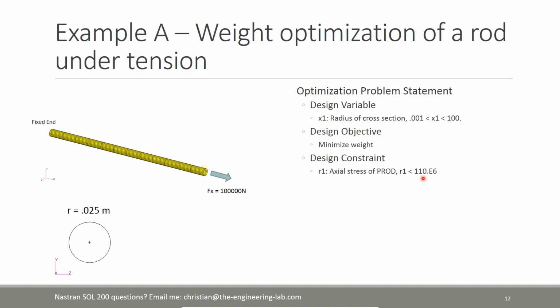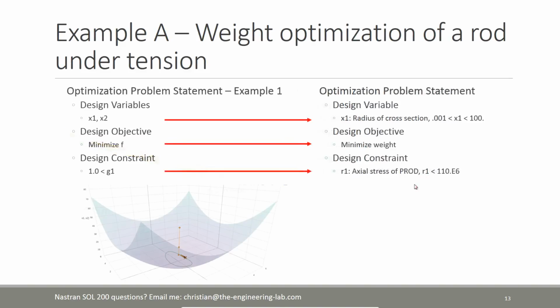So now let's go ahead and discuss what the process is for this in Nastran Solution 200. Before I go ahead and do that, let me point out that we are doing nothing different from before. Before we had design variables x1 and x2, we had an objective function f, we had a design constraint g1 less than or equal to its expression.